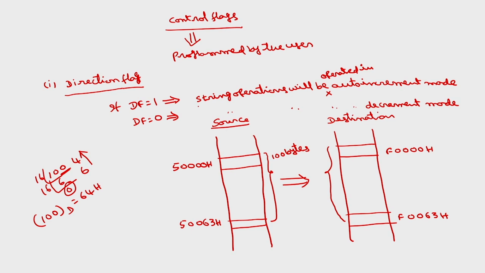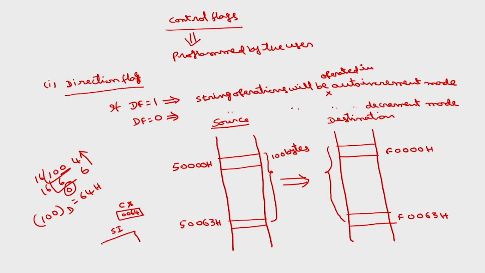There will be a counter register. Normally CX will act as the counter register. In this you load the number of bytes to be transferred, so 0064, and the starting address has to be placed in the source index.